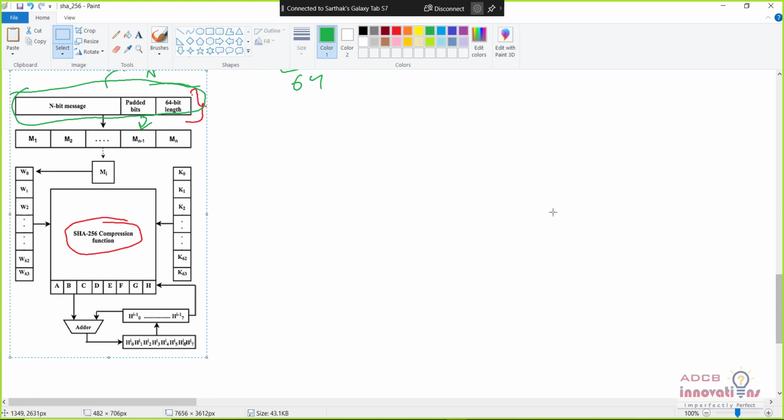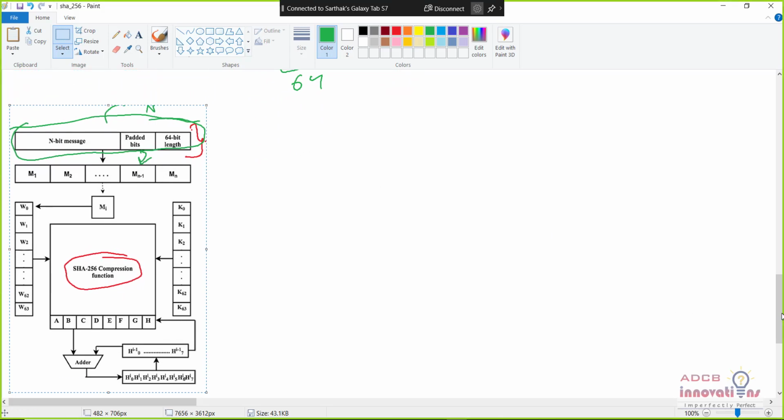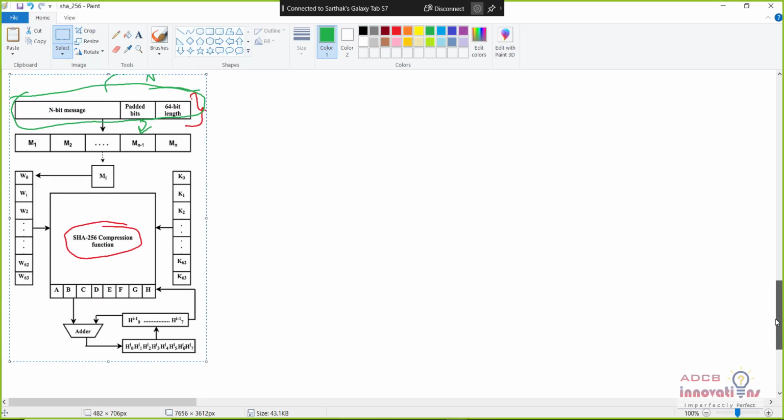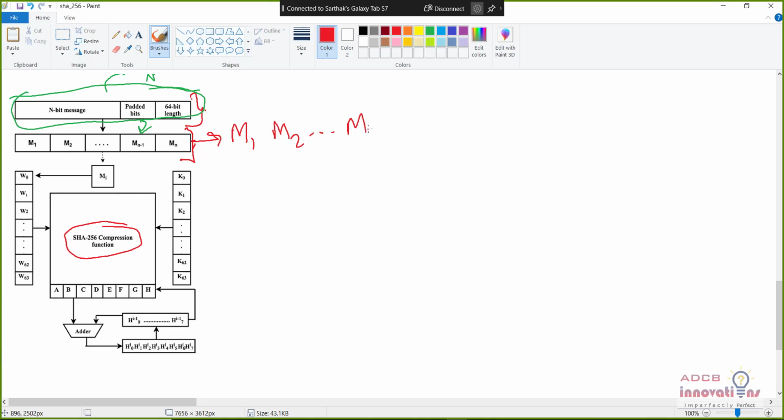All right, so now let me just take it a bit more down. So now you see here that there are these m values, and it is written in a way that is m1, m2 up to mn, like this.